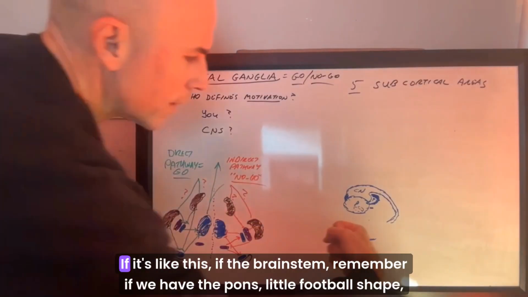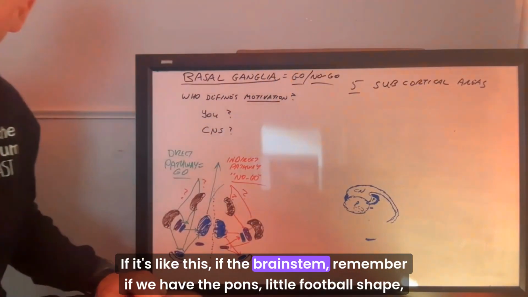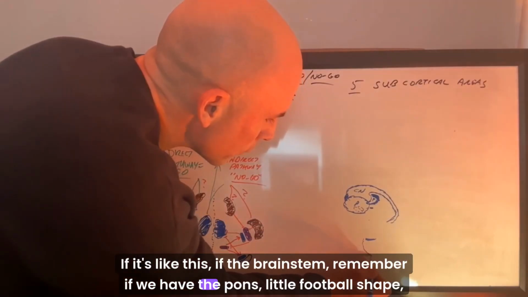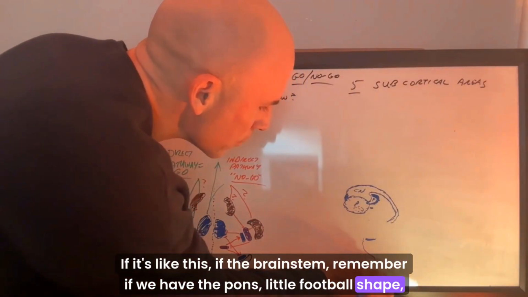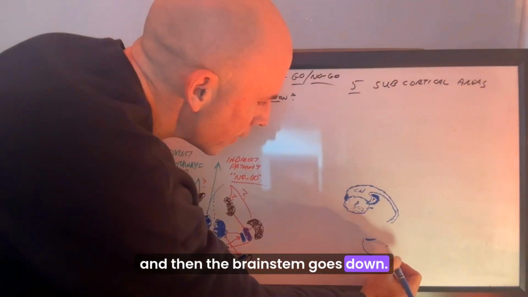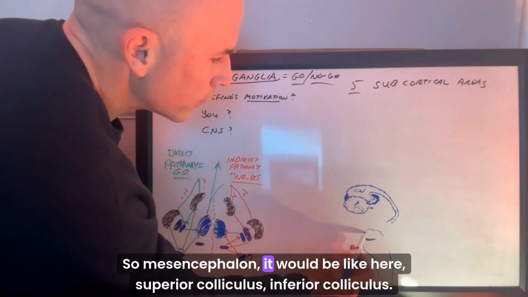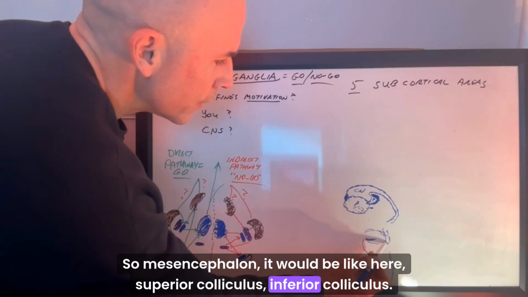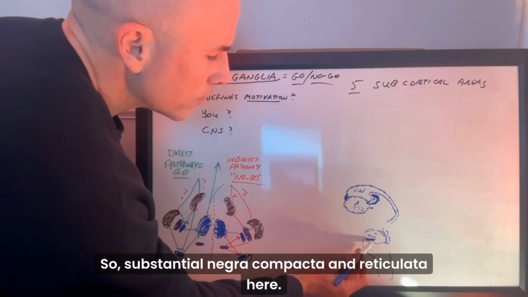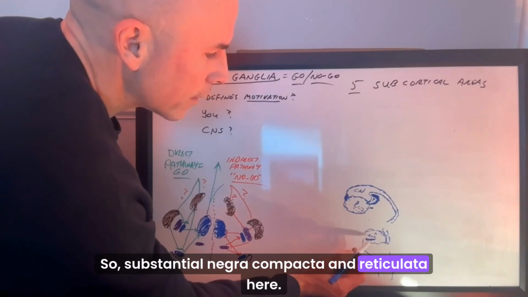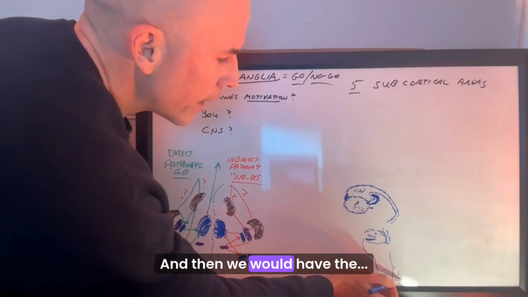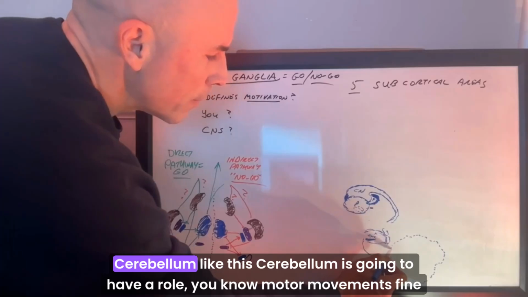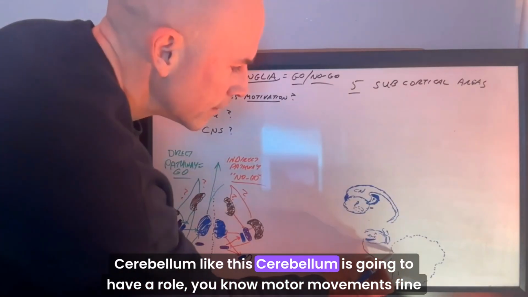If we have the pons, the little football shape, and then the brainstem goes down, mesencephalon would be like here, superior colliculus, inferior colliculus, so substantia nigra compacta and reticulata here. And then we would have the cerebellum like this.